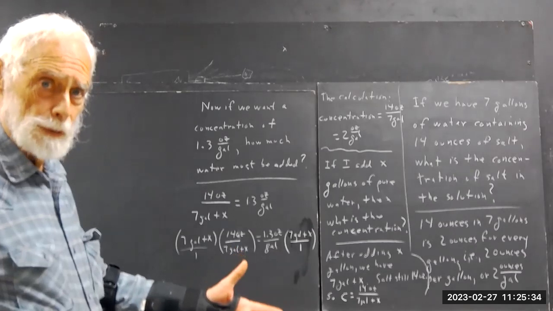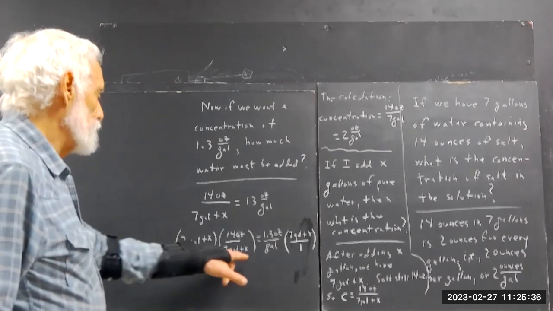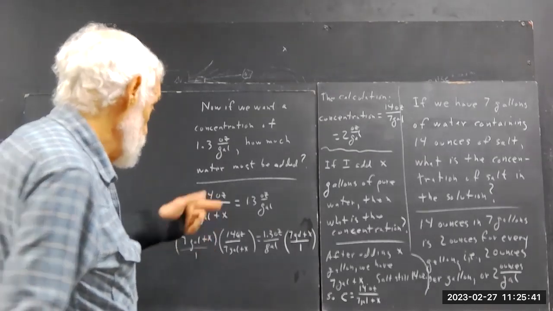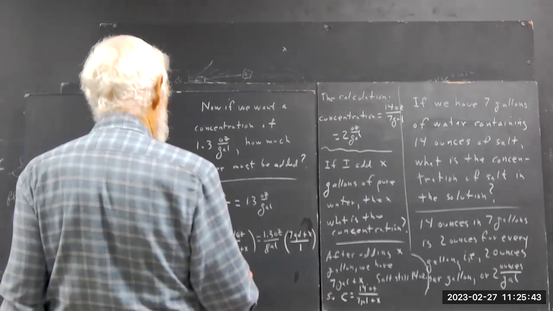Okay, so we can do this. Then we know that the 7 gallons plus X and the 1 could be interchanged, so we have 14 ounces.